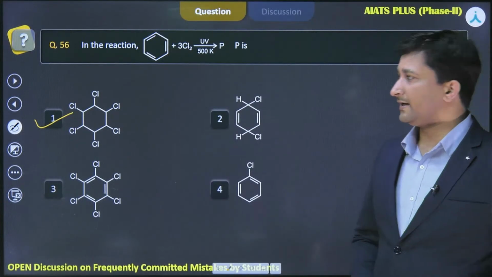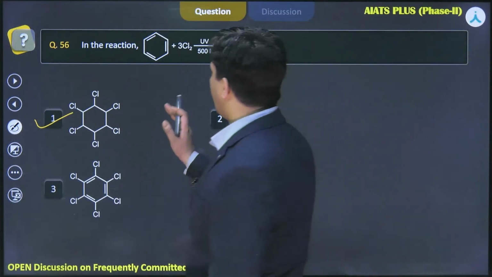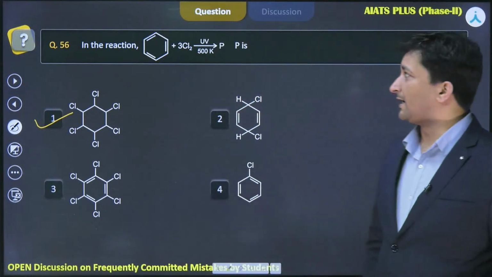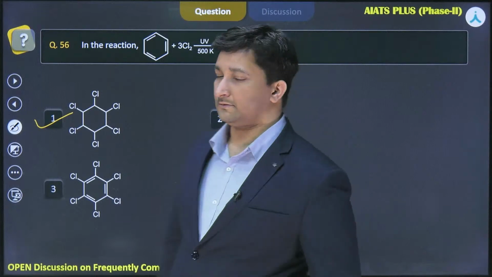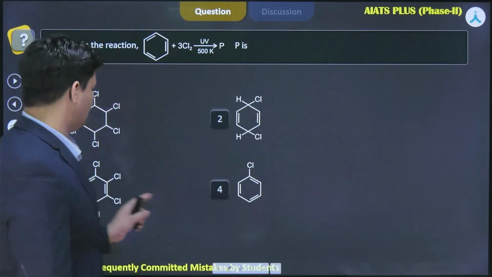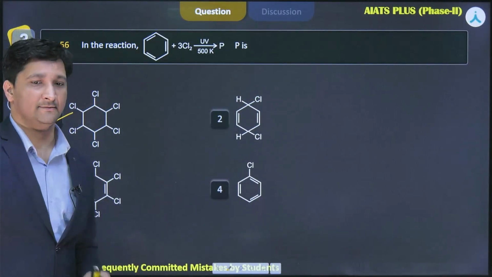Now, one more very important question is that if we allow it to react with Cl2 in presence of AlCl3 in dark, at that time we are going to get option number 3.